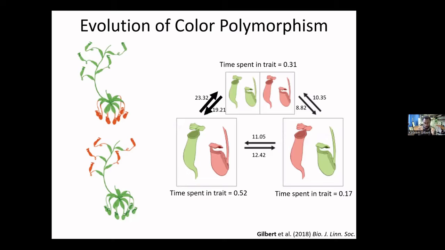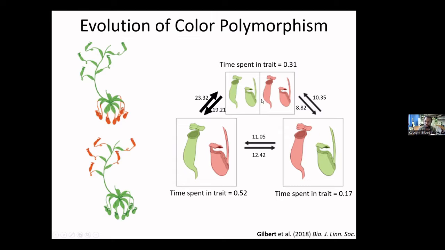I'm defining color polymorphism here as the differential pigmentation between upper and lower pitchers on an individual plant. So what I did in a phylogenetically controlled way is what's called stochastic character mapping, to understand the probability of switching between different states. So we have 3 states here. Either your polymorphism has the lower pitchers as more red, or the upper pitchers as more red, and I mean relative to the level of pigmentation of the other morph.